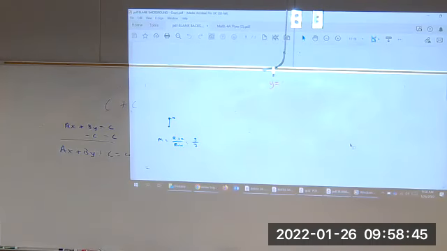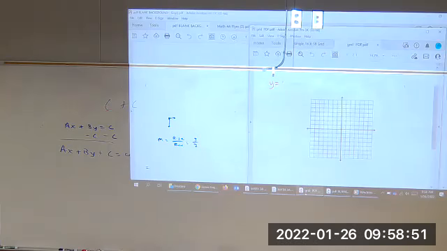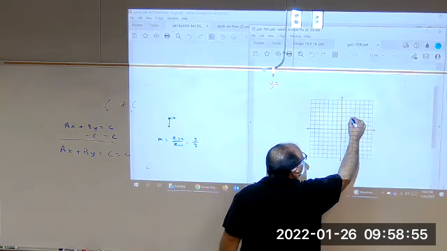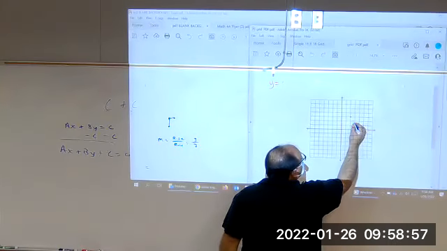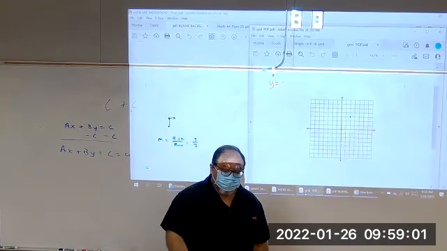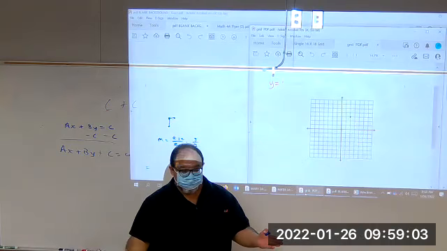So (2, 3), over 2 and up 3 is right here. Always label. When I ask you to graph anything, I always want you to label points.